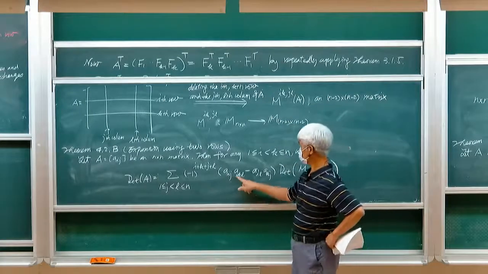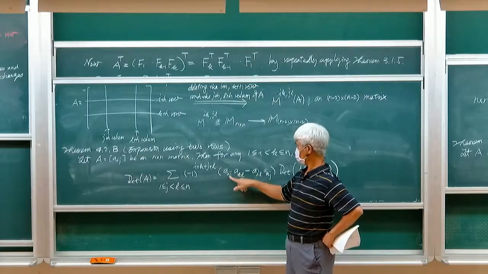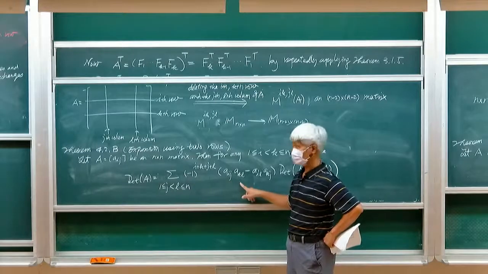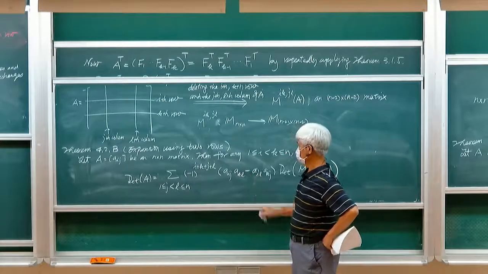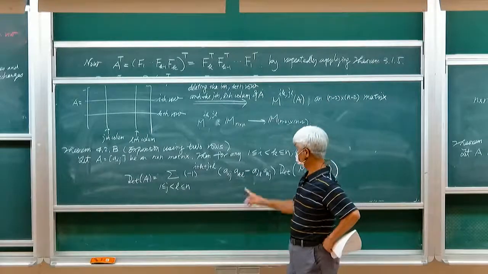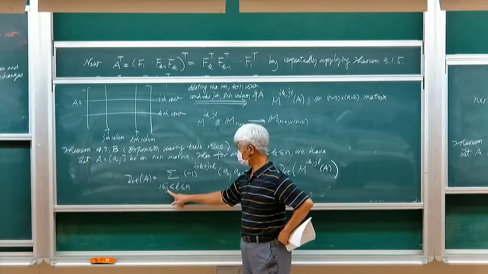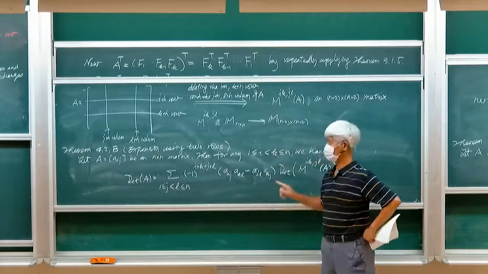Here the entries used are from the i-th and k-th rows, and the jl minus kl difference. For that, j and l should satisfy j smaller than l, to have this difference.